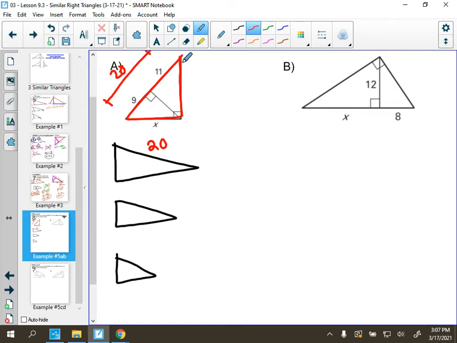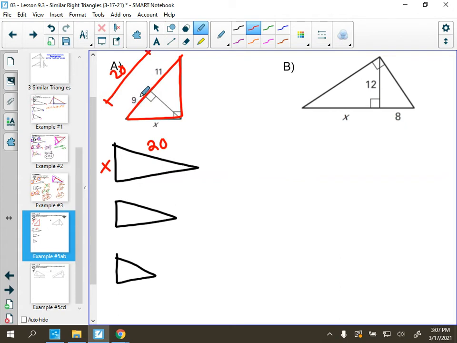If you look at it close enough, you can probably guess that this one's longer. So this would be the short leg x here. But without having to guess, do I know for sure? Maybe it's just a crummy picture. This actually does have to be the short leg because it's part of this smaller triangle that has a 9 for a side length here.